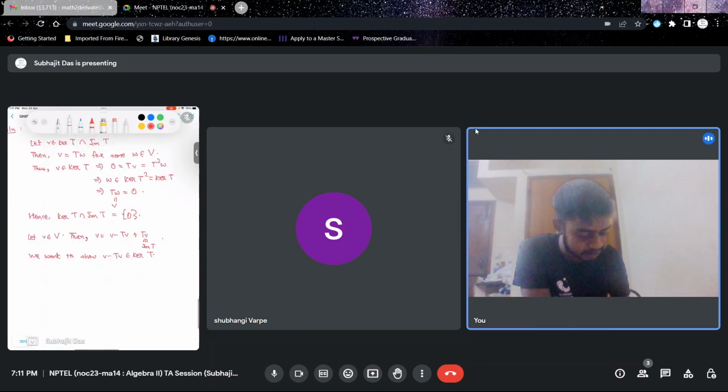Now is this correct? Is v minus Tv in the kernel of T? So T applied on v minus Tv is Tv minus T square v. Yeah, but that doesn't imply that. Does it imply this?